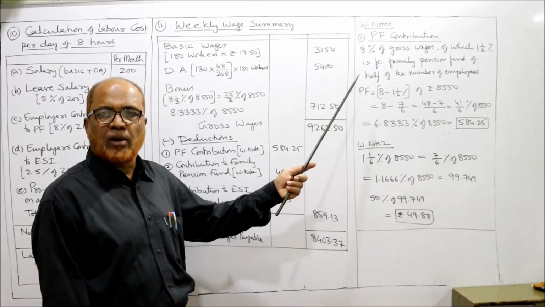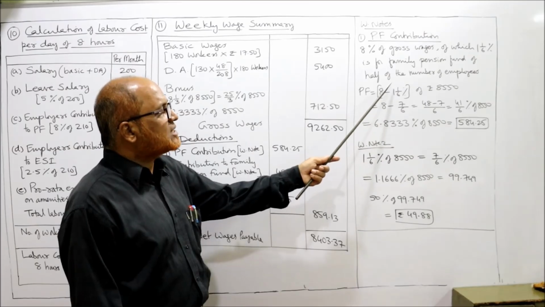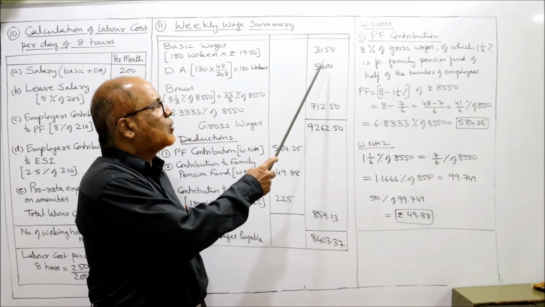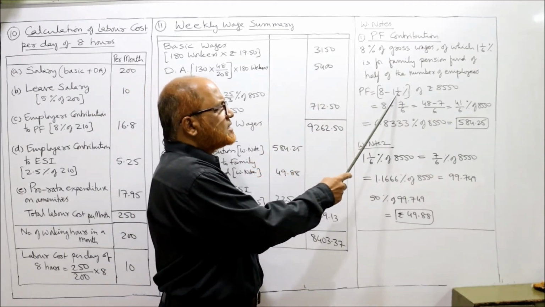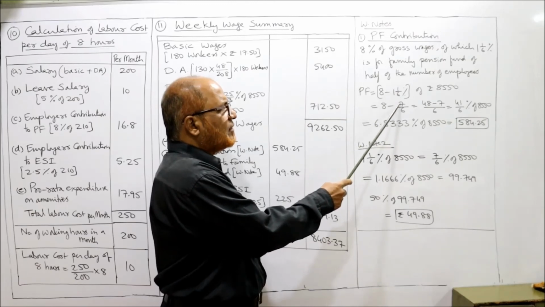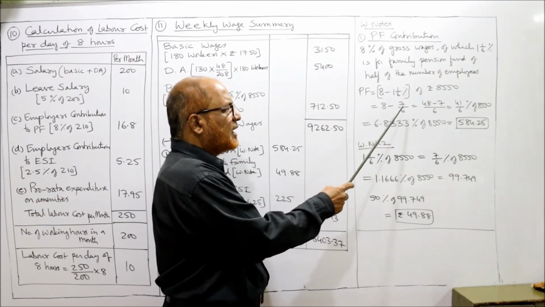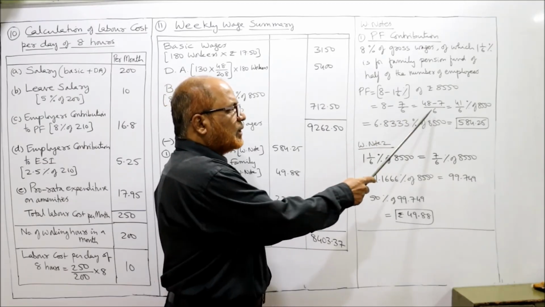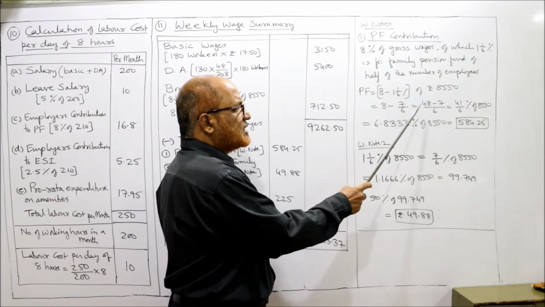So first we calculate for PF, Provident Fund. Provident Fund is equal to 8 minus 1 1/6 of 8,550. 8,550 means the total of basic and DA. Now, 1 1/6: 6 ones are 6, 6 plus 1, 7, 7/6. So 8 minus 7/6. You can directly divide 7/6, you will get 1 point something. So 8 minus 1 point something, you will get 6.833. Or you can take the LCM. 6 8s are 48, 6 1s are 6, 6 plus 1 is 7.